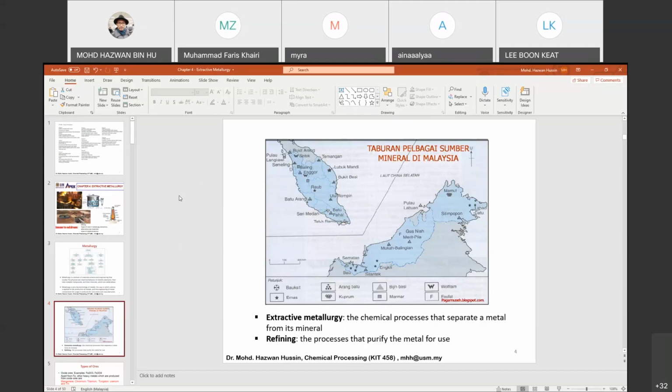And I think in other states, like in Johor, for example, my hometown, we have bauxite. We also have, I think, charcoal, and other things like probably tin or granite.